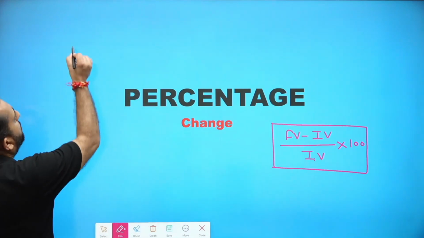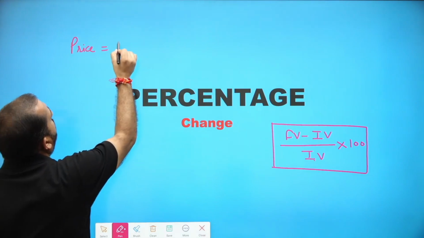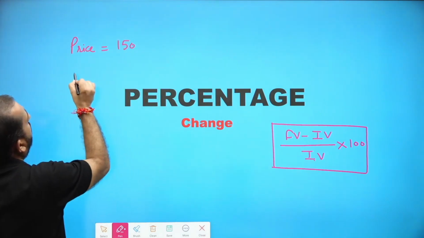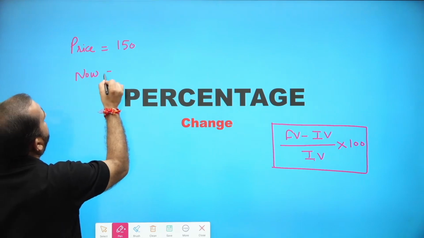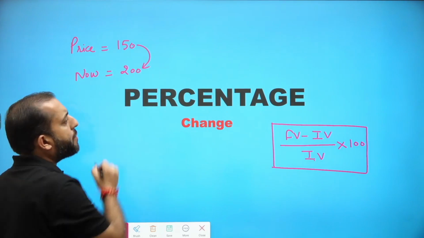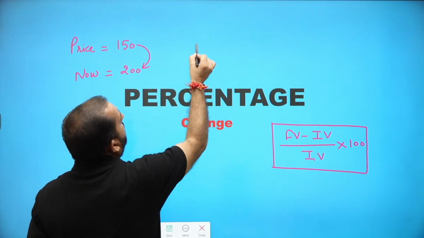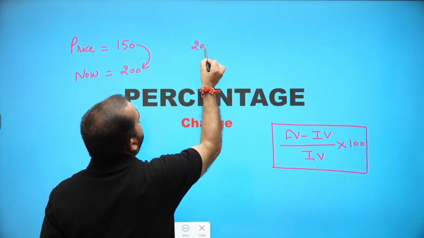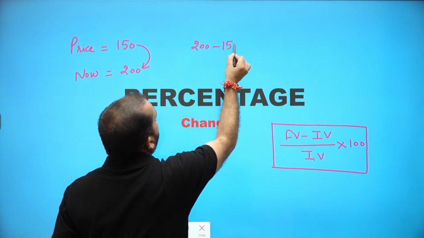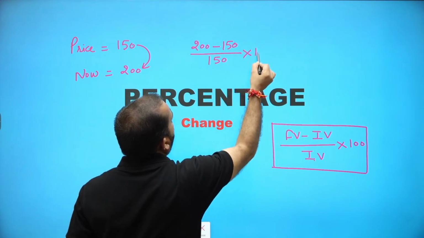This is the formula for calculating percentage change. Suppose 1 month ago the price of tomato was 150. Now the price of tomato is 200. I want to find out the percentage change in the price of tomato. So how are we going to do this? Final value, which is 200, minus initial value, which is 150, upon initial value, which is 150, into 100.